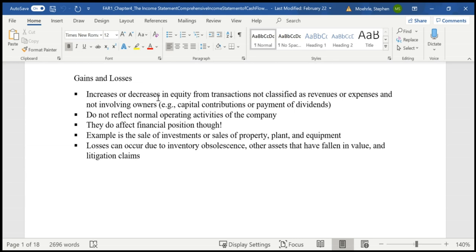Well, that's not their main business, but it's still nice to make a gain, and we'll report that increase in wealth for you, the owner, as a gain on sale. Losses can arise due to, for example, inventory obsolescence, other assets that have fallen in value, and litigation claims, being sued. We'll see examples of all of these.